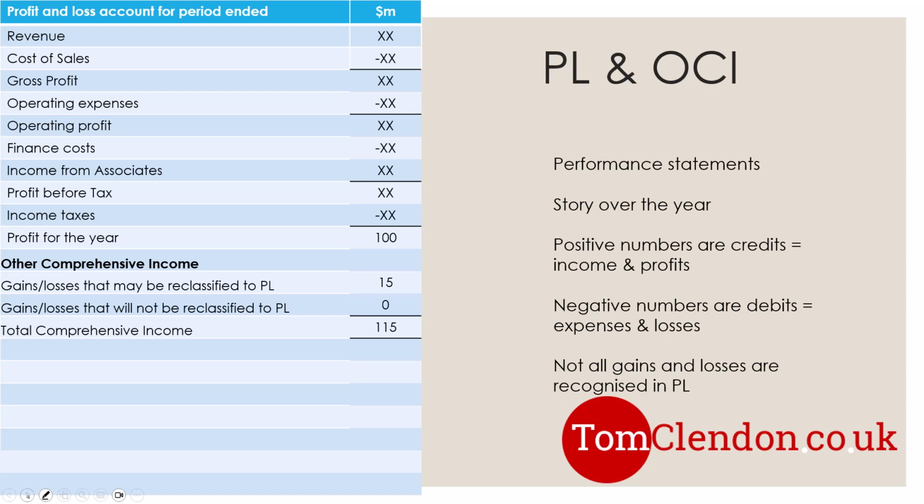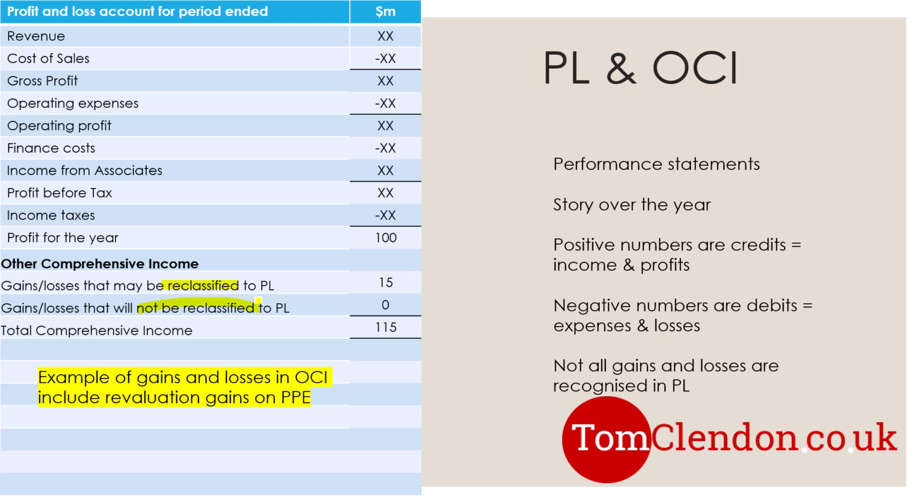Now, I've put some numbers here. They're arbitrary numbers. I think the simplest example at this stage of a gain that's not in the P&L, but you would include in other comprehensive income, is a revaluation gain on PPE. Now, at this stage of the game, don't be worried about this reclassified, not reclassified malarkey.